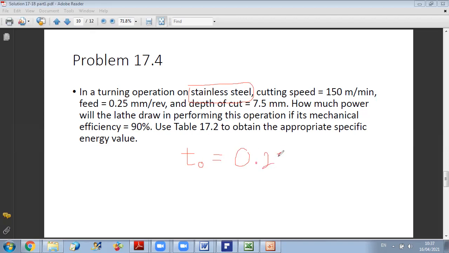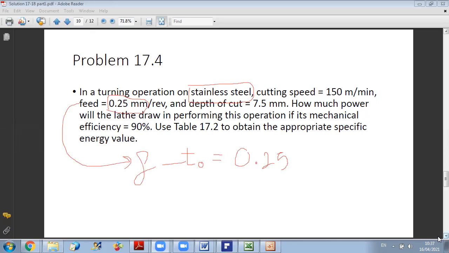By analogy between the orthogonal model and the turning operation, t0 in turning is represented by the feed. Since the feed is 0.25 millimeter, I don't have to do any correction, so I can take the value as it is from the table.